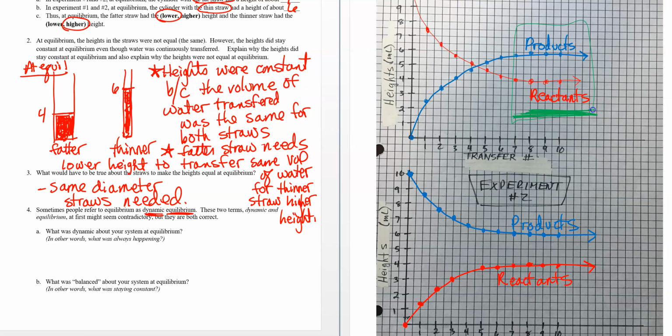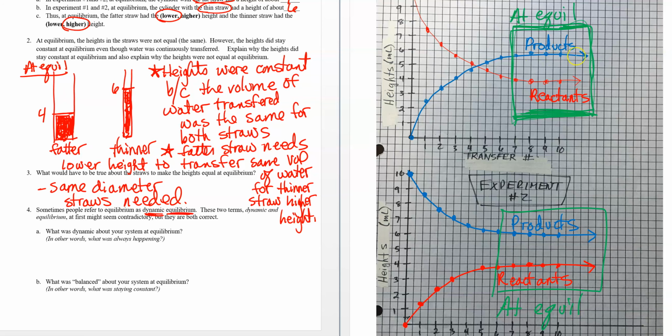Once all of those heights were staying constant, you are at equilibrium because you have constant heights.